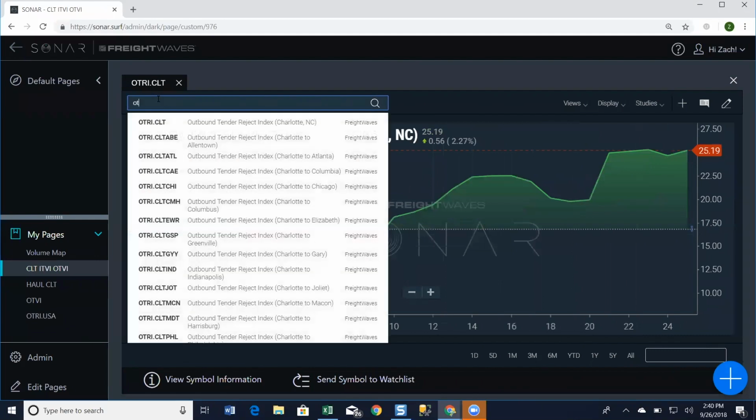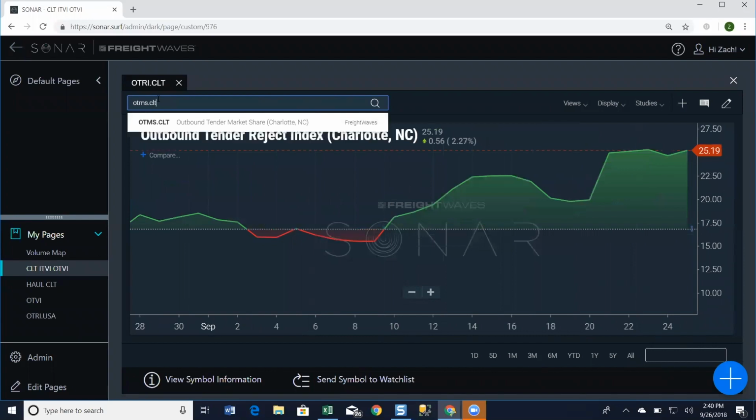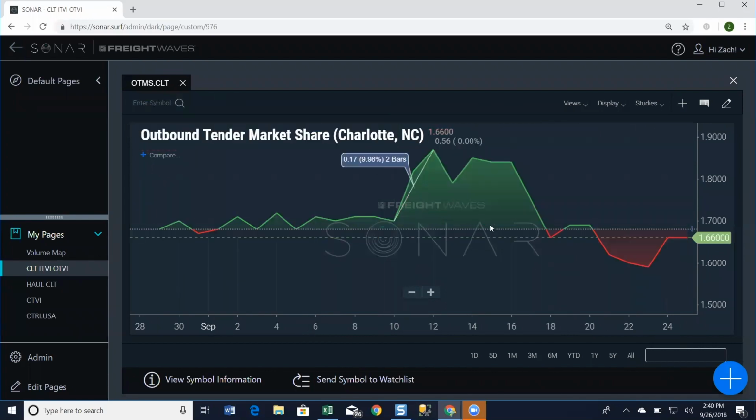I actually kind of like the OTMS to give weight to the overall market, because this basically tells you, and I pulled up Charlotte here, that Charlotte represents 1.6% of the total freight volume in the country. That's actually a pretty significant area for outbound freight activity, because the largest one in the country is Atlanta, and it hovers around 4.5 to 5% of the overall outbound freight volume in the country.